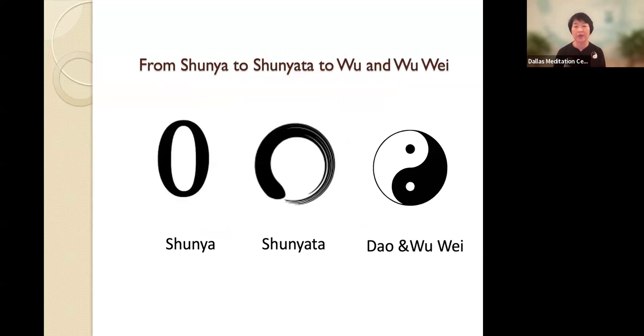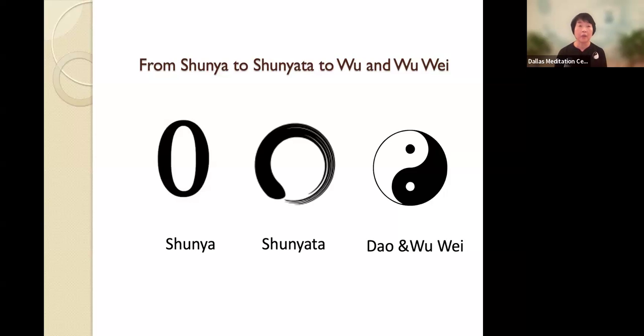So the three symbols, you see Sunya, Sunyata, and Dao, and Wu Wei. So we'll start from Sunya. What does Sunya mean? It means 0. And it really means number 0. And Sunyata is a Zen Buddhist concept.